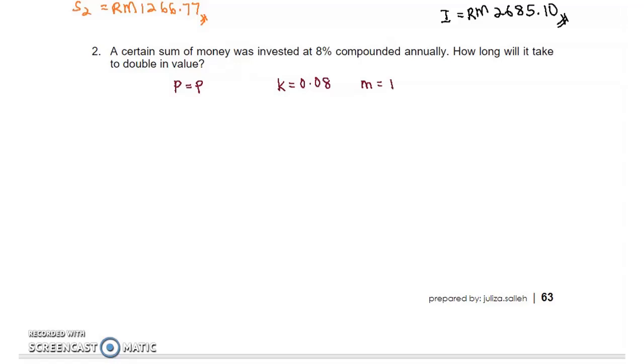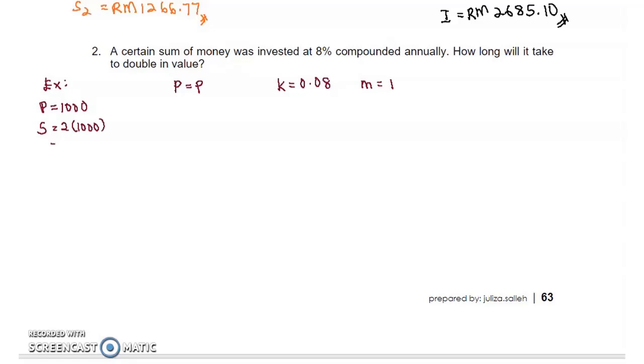How long will it take to double in value? Double in value means that if you invest 1000, later on you will get 2000. So for example, if you put P as 1000, later on value S double means 2 times 1000.